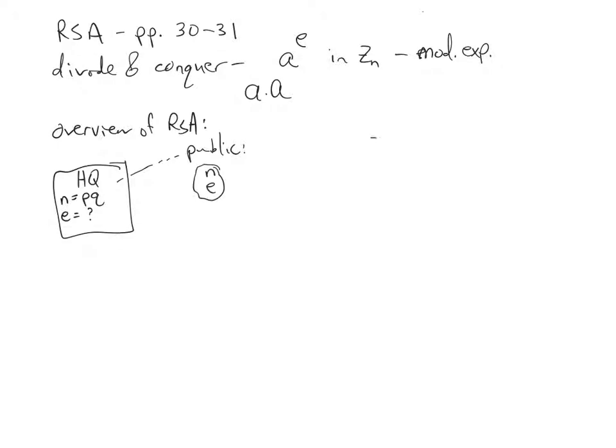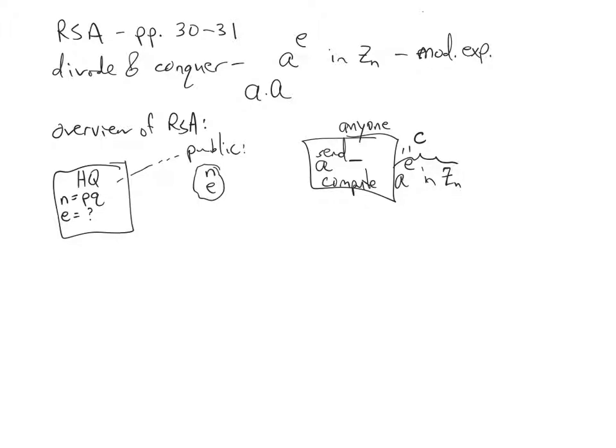So anyone in the world can take a message A that they want to send. What they do is compute A to the e in Z sub n, and we'll call that C.